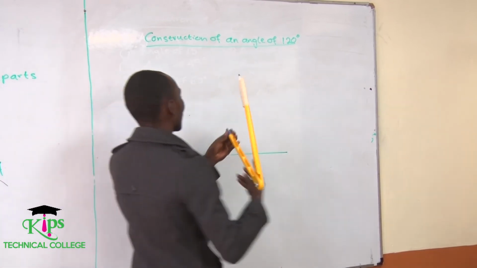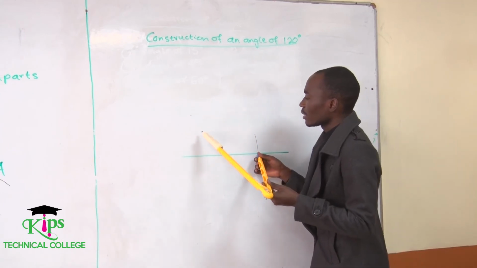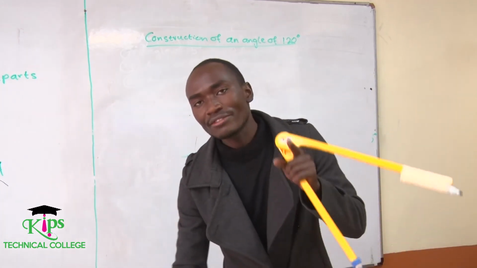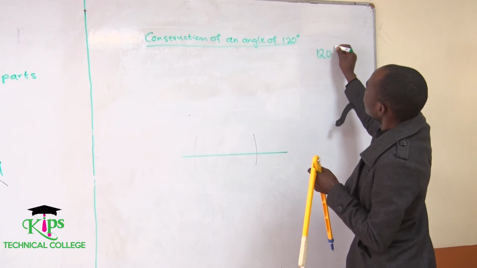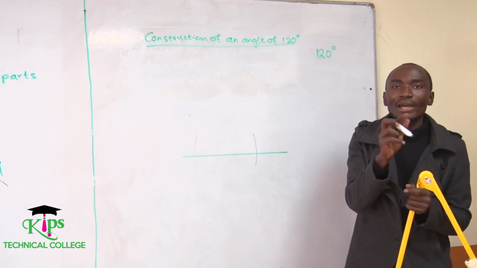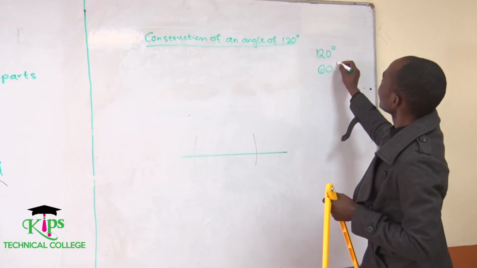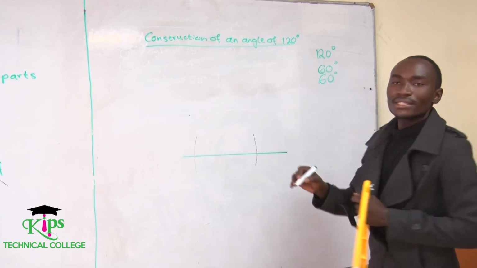I will make an arc. I will stand up here. I will also make an arc. And before we go far, to get the 120 degrees, we get it by a combination of two easy angles. We have the 60 degrees angle and we have the other 60 degrees angle.